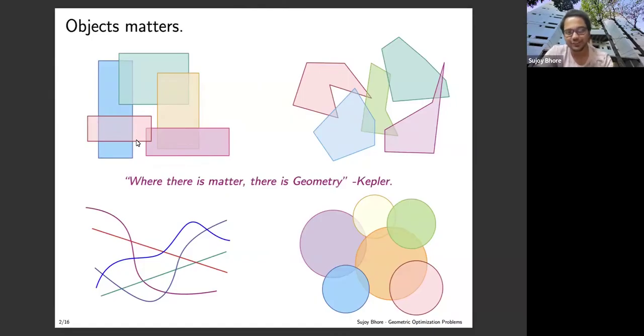I don't have to motivate geometry to this audience, but what I want to highlight is that inside geometry, the study of different classes of objects plays a very crucial and central theme.